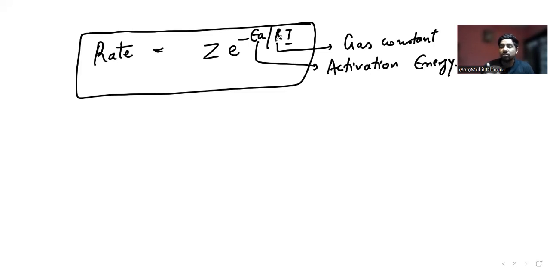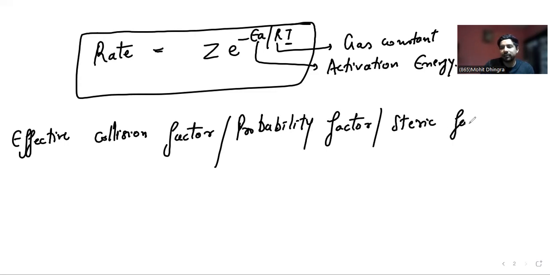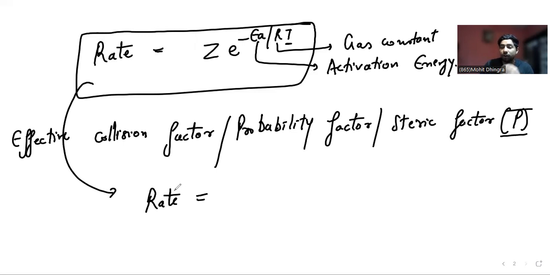So the effective collision factor also needs to be included in this formula while calculating the rate of the reaction. This factor is also called the probability factor or steric factor, and it is denoted by capital P. So the new rate according to the collision theory is P Z e^(-Ea/RT).